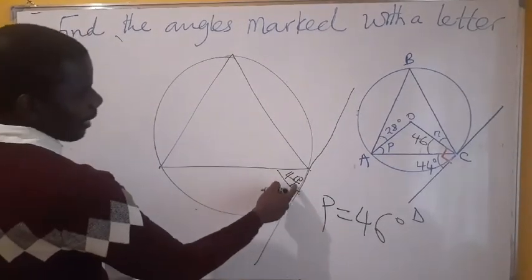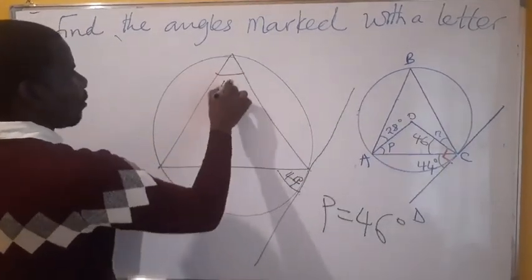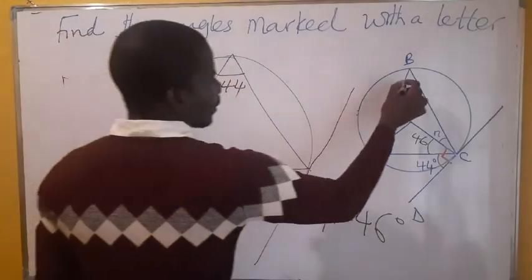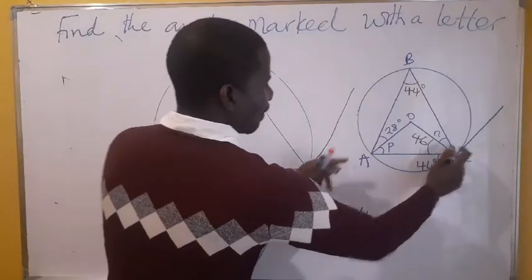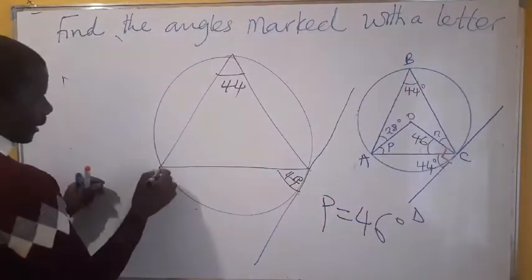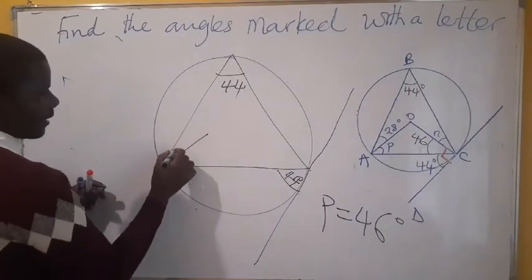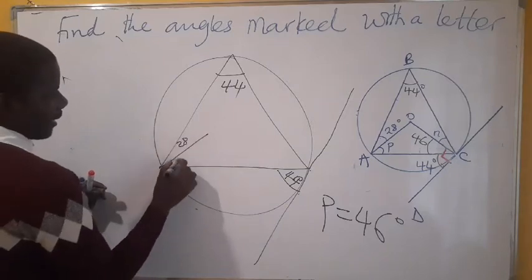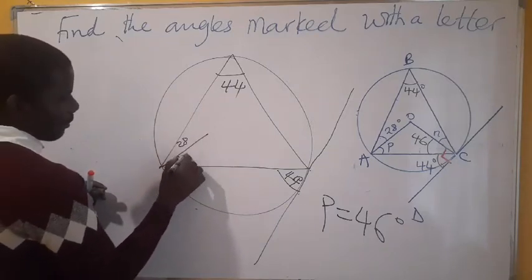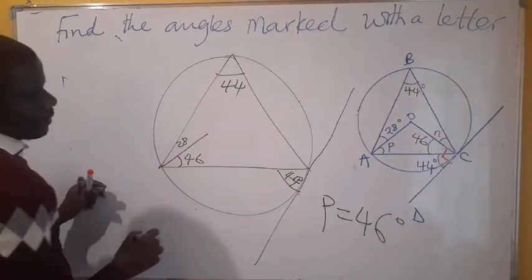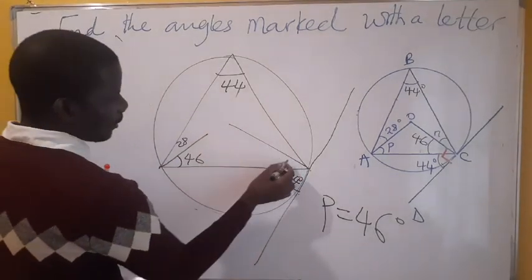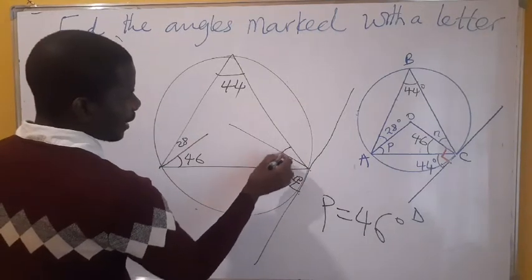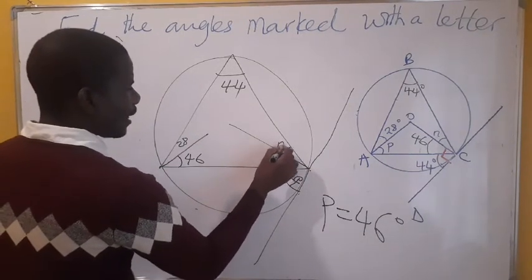Which one is the alternate angle to this one? This is also 44. Take note of that. So this angle here is 44 degrees. Okay? Now, take note here, what are we having? We have 28. And then down here we found 46. I hope you are following me. Then this side, what did we get? 46. Then we have N.